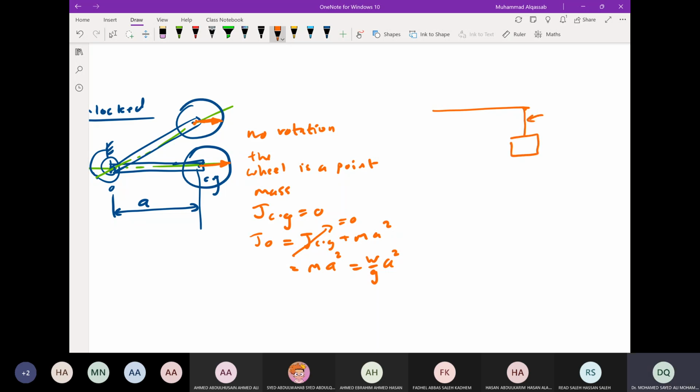This is a cord, and it is only moving up and down. So it becomes a point mass. Or if you just put a mass here, this is a point mass.